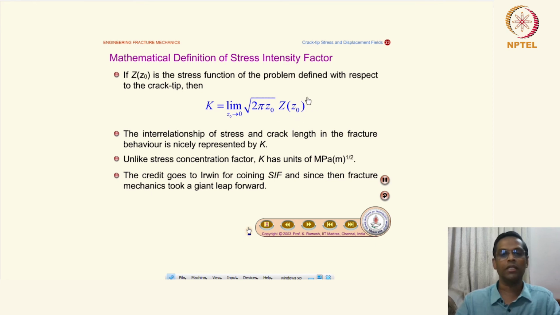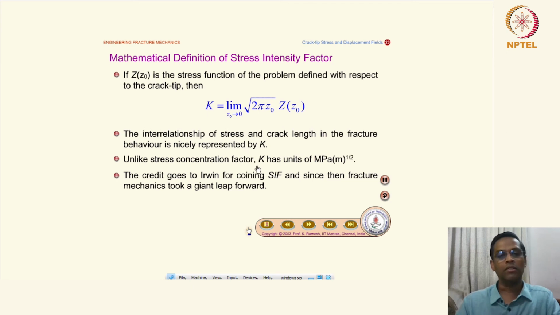So this is the stress function given by Westergaard. But what we are deciding now is that this function is very close to the crack tip. So the stress intensity factor describes the strength very close to the crack tip. The interrelationship of the stress and the crack length in the fracture behavior is nicely represented by K.